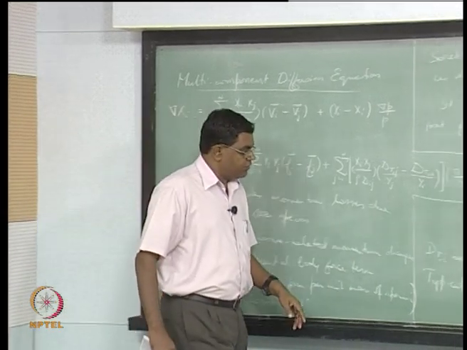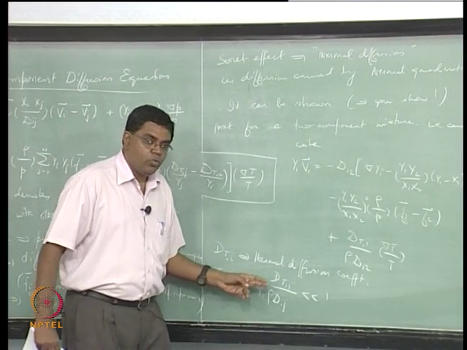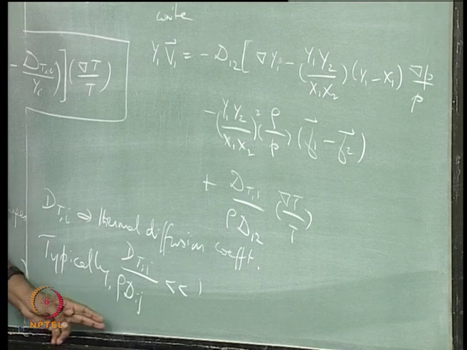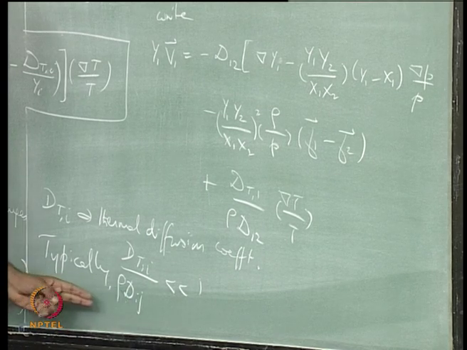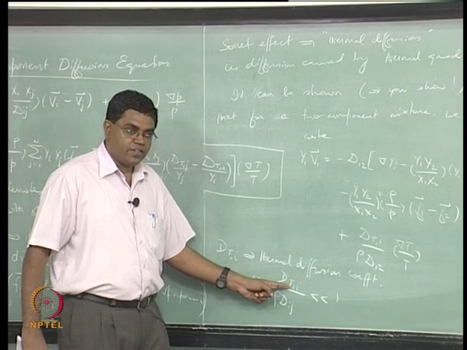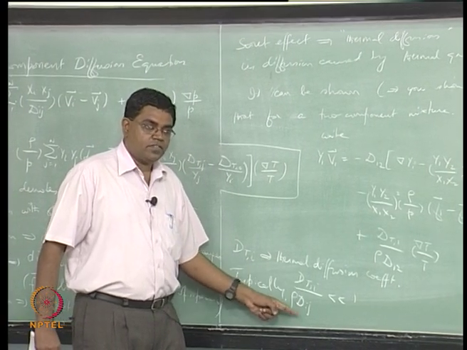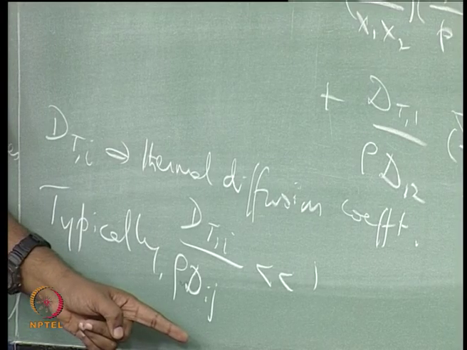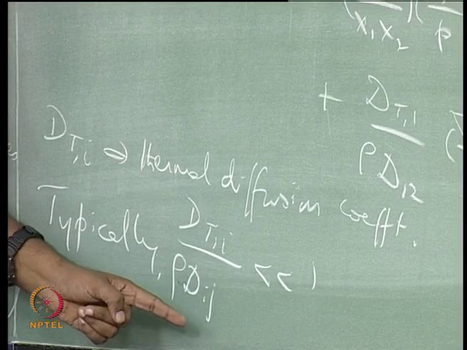But if you now compare the thermal diffusion coefficient with the rho of the mixture times D_ij for a pair of gases, then this is obviously not for a pair of gases, this is for one particular gas, whereas the D_ij is a binary diffusion coefficient, it's for a pair of gases.